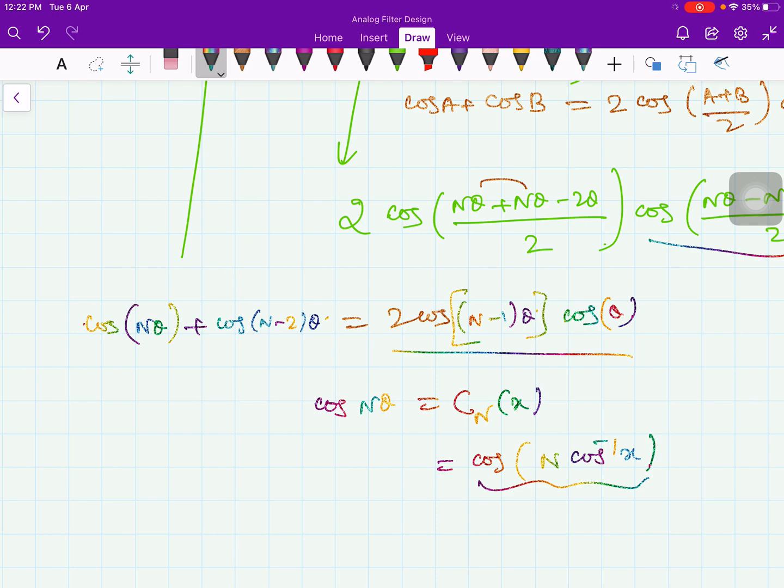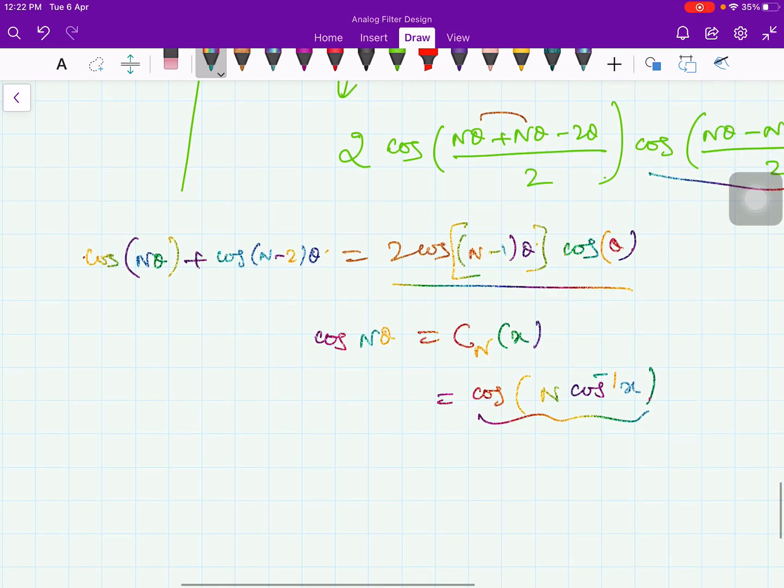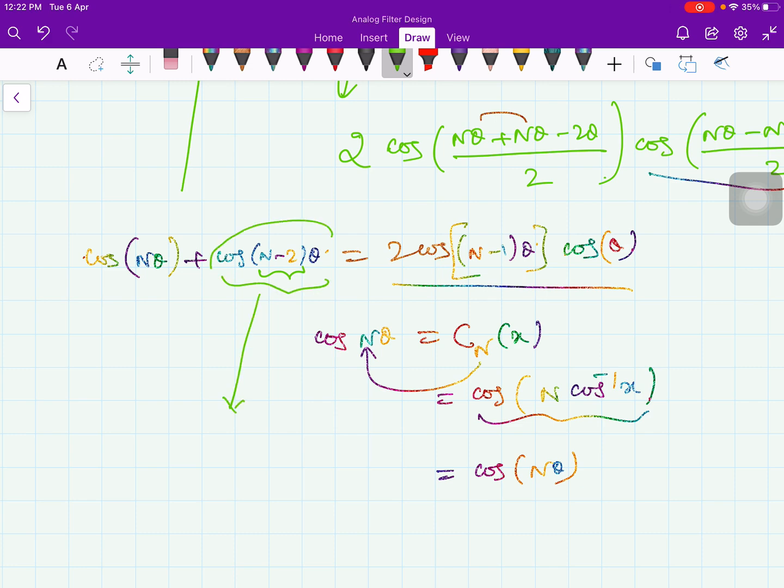Now cos inverse of x equal to theta, right? So cosine of n theta is Cn of x. Now instead of n, I have n minus 2 here. Therefore this whole expression is going to be Cn minus 2 of x.